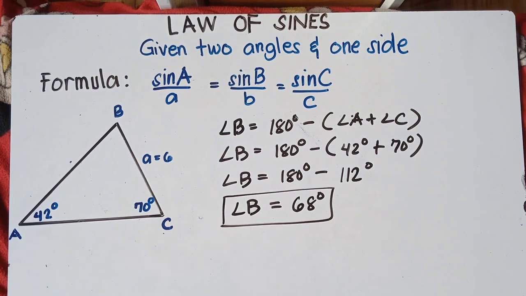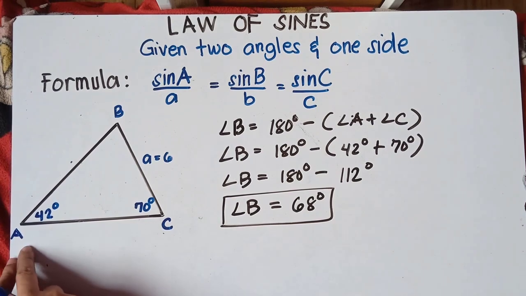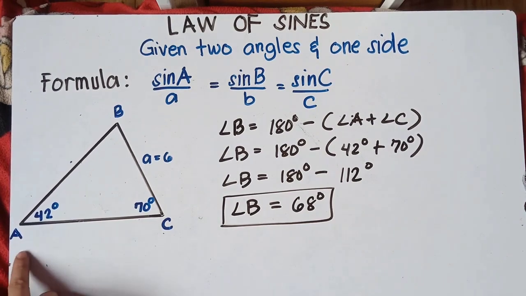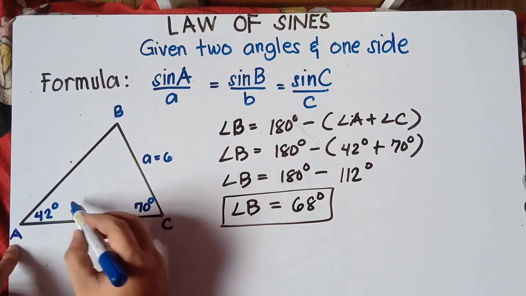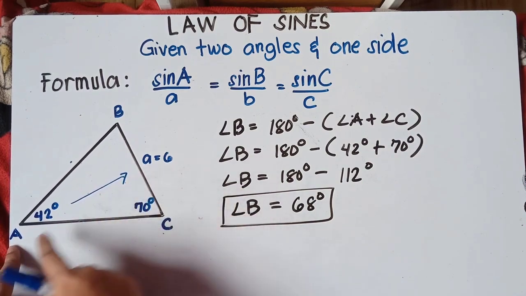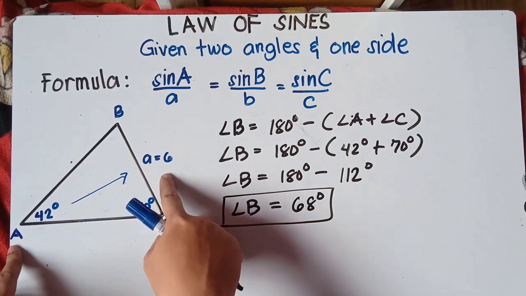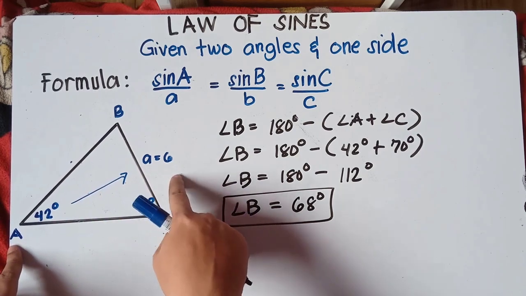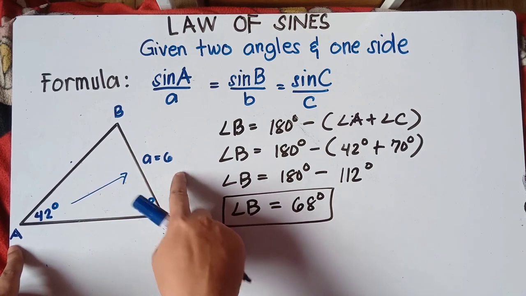Do not forget, class, in labeling this one, if this is angle A, the opposite side will be the small letter a. Angle A's opposite is small a, which is equal to 6. So side a is 6.